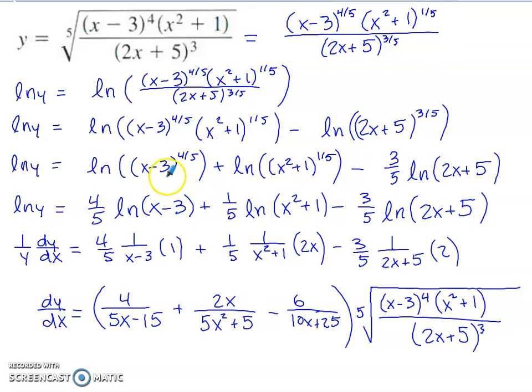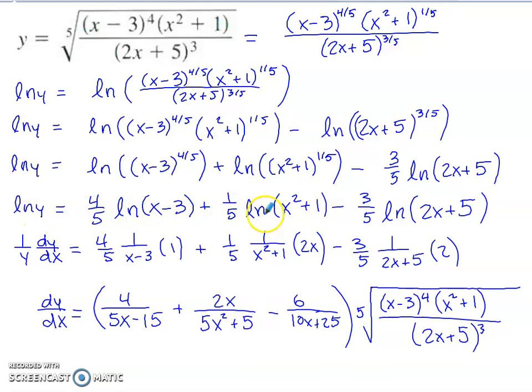And I can use that property to manipulate this logarithm and this logarithm as well. So that's what you're going to see happen as we go from this line to the line beneath it. This exponent came down in front as the coefficient of that logarithm. This exponent came down in front as the coefficient of that logarithm.